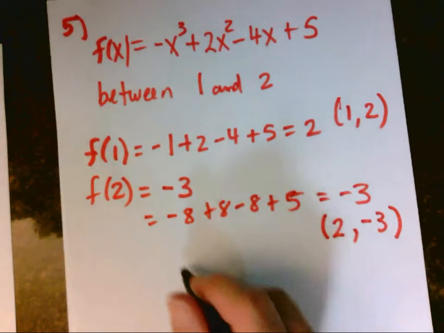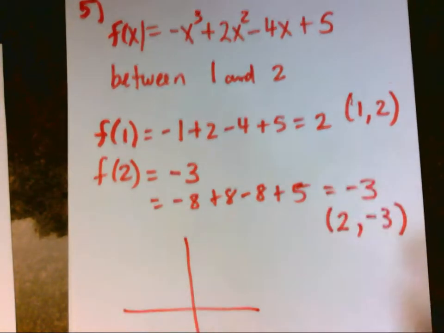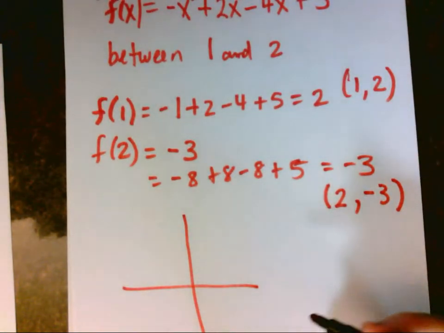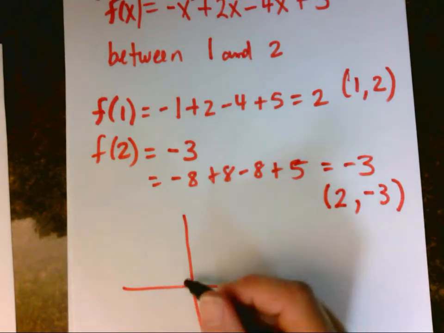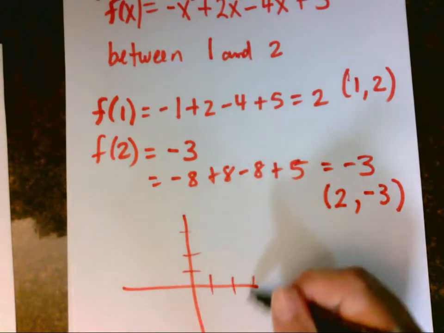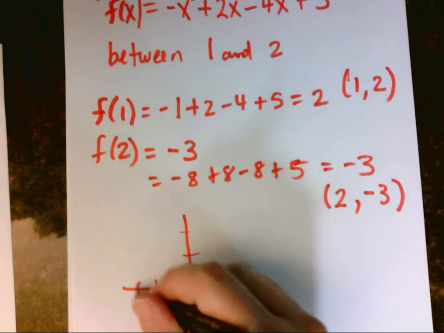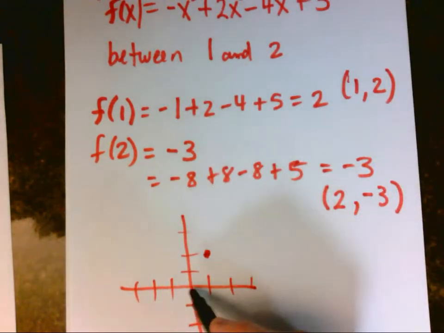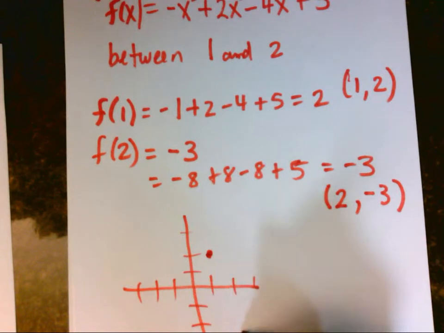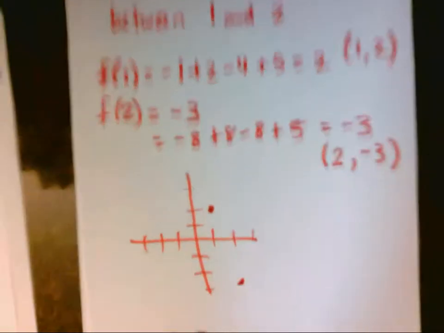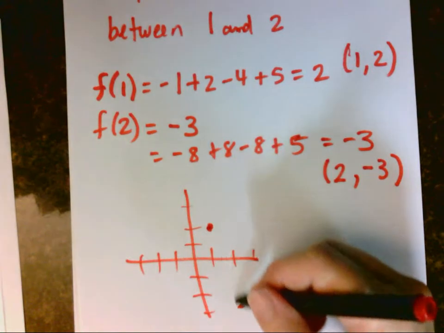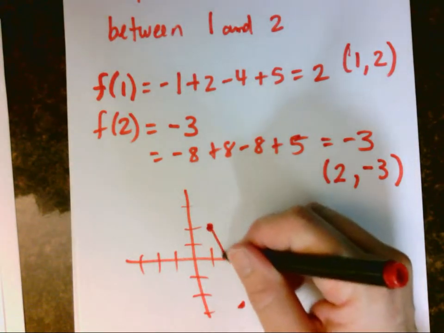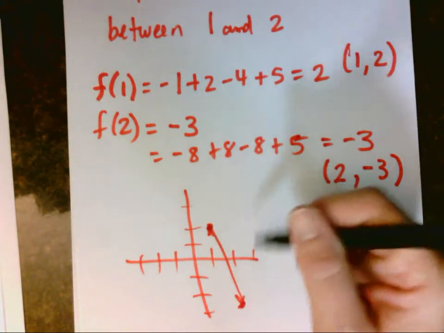All right, so if you graph this, folks, and let's mark it off to 3 in each direction, this function goes through the point 1, 2 and the point 2, negative 3. Obviously, somewhere between those 2 points, it has to cross. We don't know if it's curved or straight.